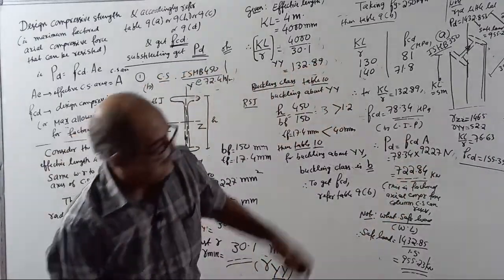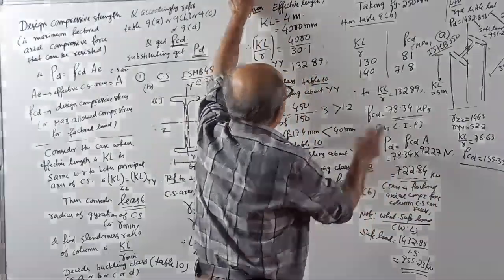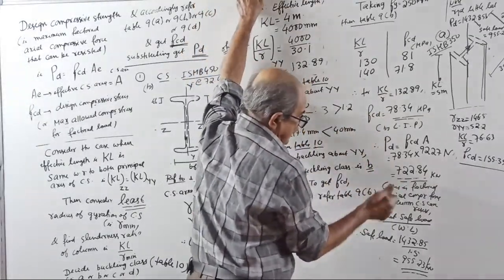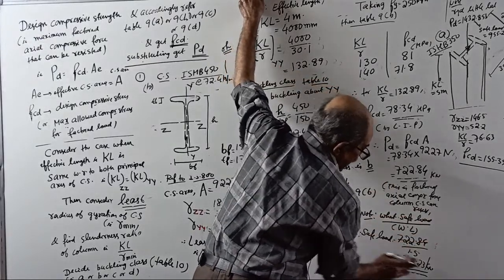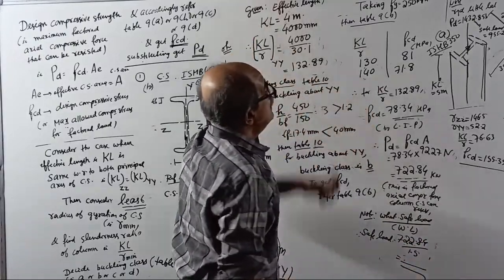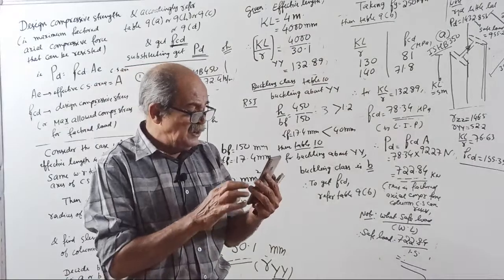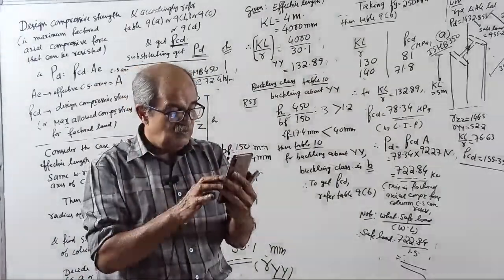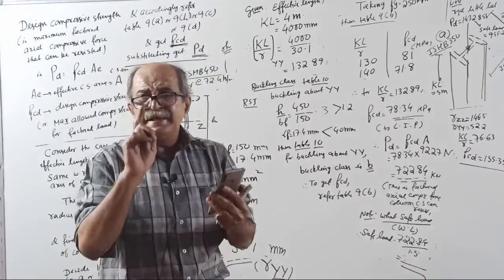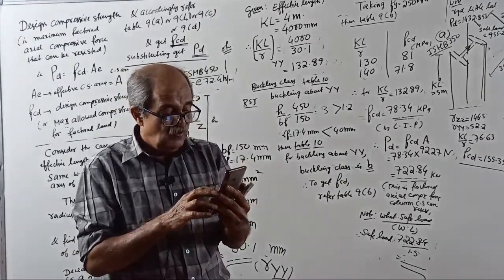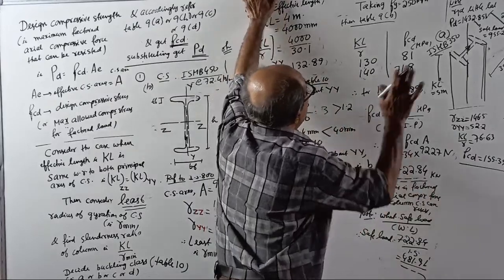Now this is the factored axial force the column cross section can resist if the cross section is ISHB 350. What is the shape load if they want? 722.84 divided by 1.5 is 481.9 kilonewton. So this is the answer for the second one.